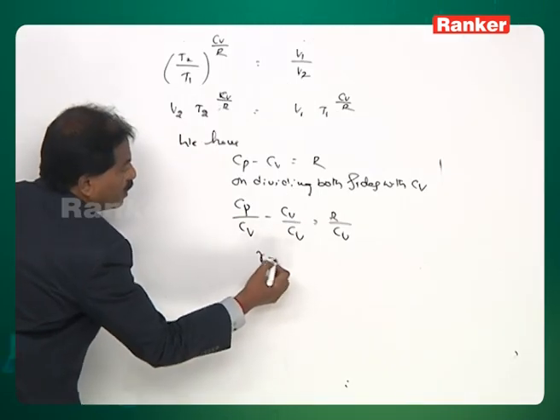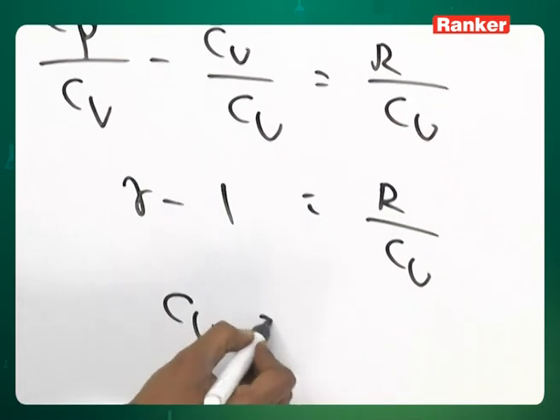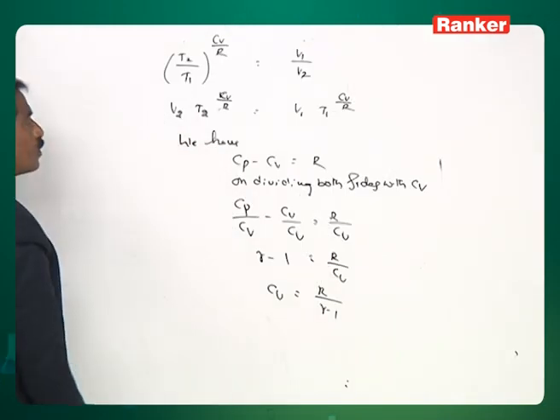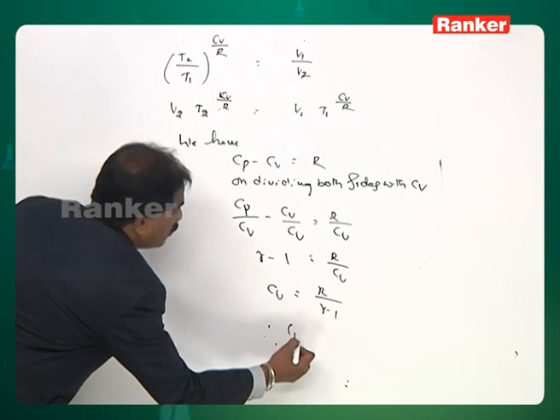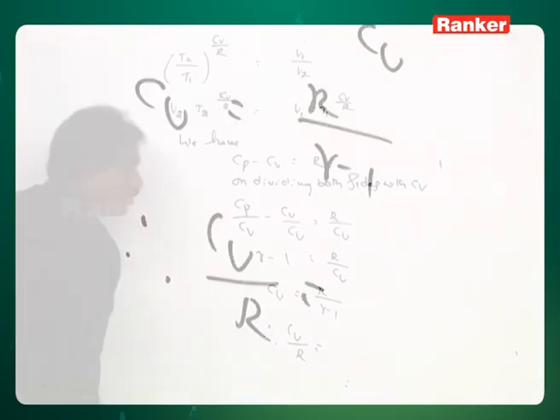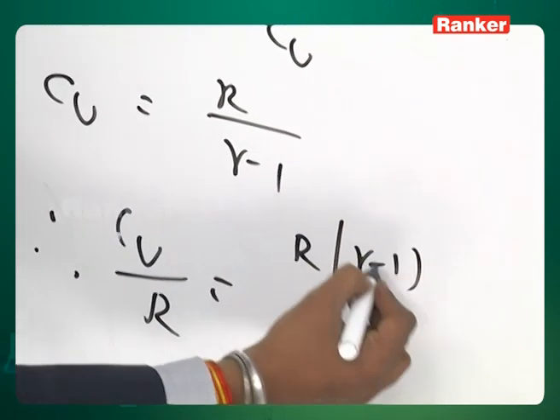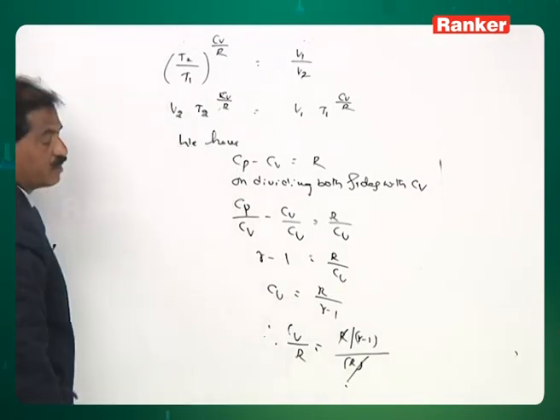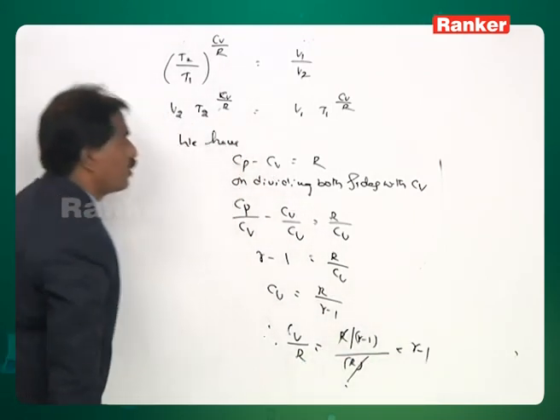This becomes gamma minus 1 equals R upon Cv. Therefore, Cv is equal to R upon gamma minus 1. Therefore, Cv by R, Cv is R upon gamma minus 1. Here denominator R, this R and R will get cancelled. It becomes gamma minus 1.